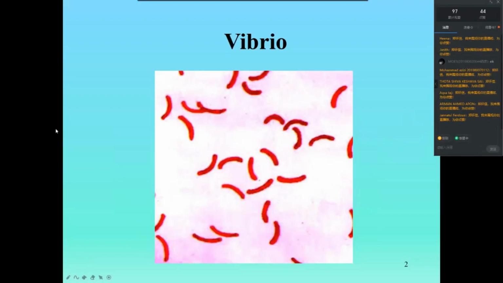This is the common structure of Vibrio in this genus. You can see they are bacillus, but they are not straight. You can see this comma-shaped bacillus. And for the gram stain, they show this red color. So Vibrio is a gram-negative bacteria.